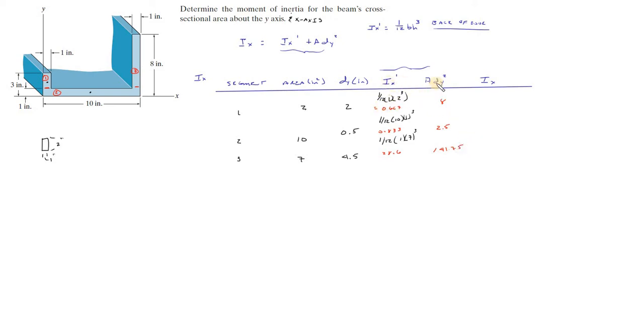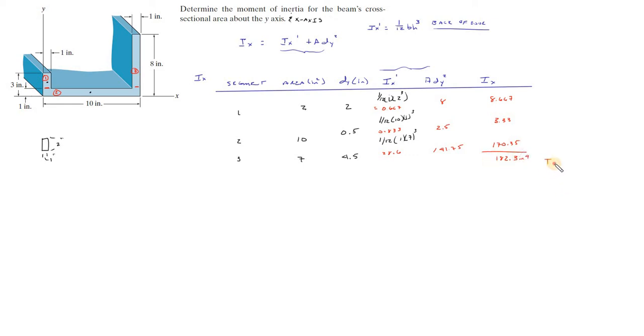Now just adding my Ix prime and my A dy squared, I get 8.667, 3.33, and 170.35. By summing all these up, I get 182.3 inches to the fourth.